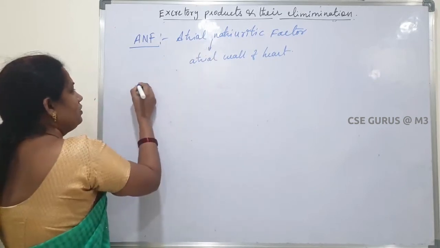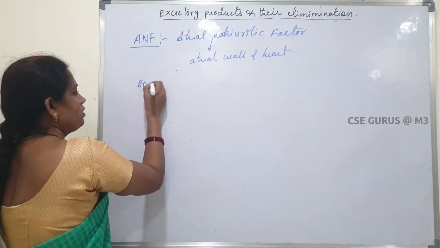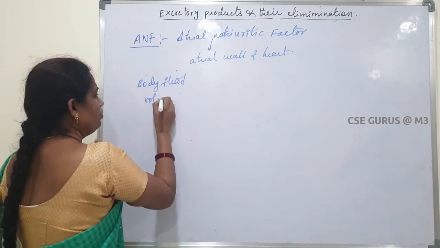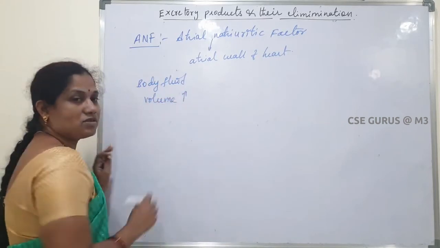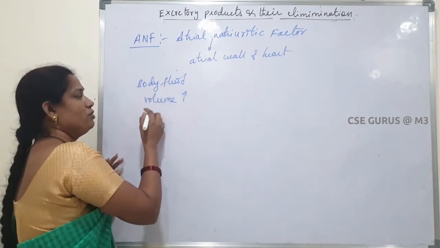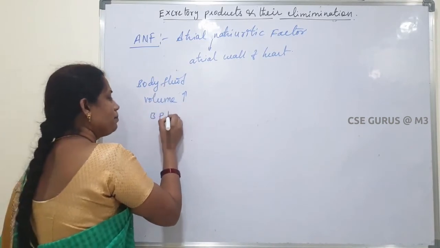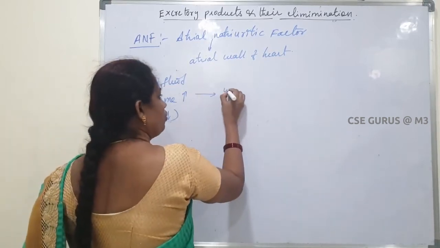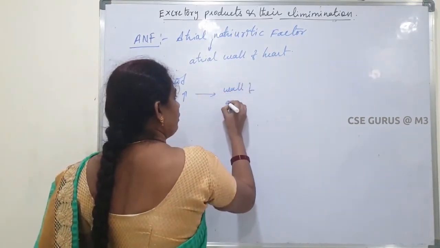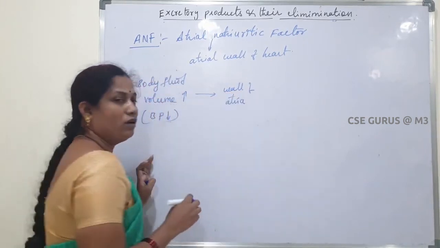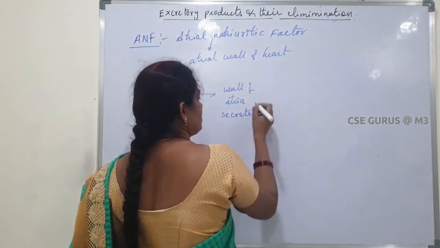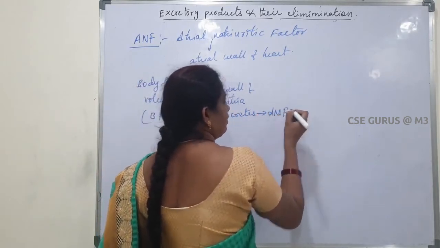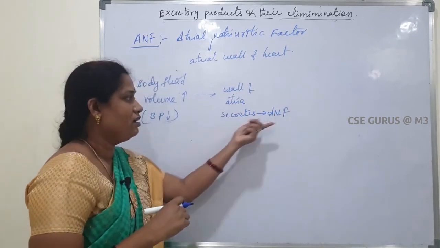Whenever the body fluid volume is increased or blood pressure is decreased, in these situations, what will happen? The wall of the atria secretes the ANF.